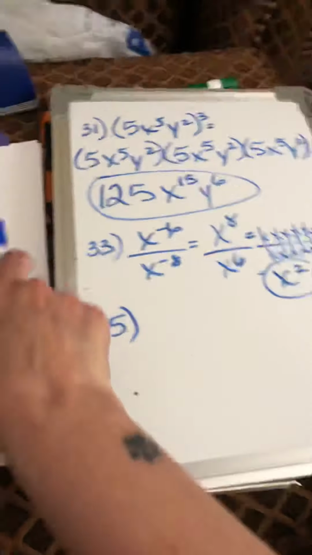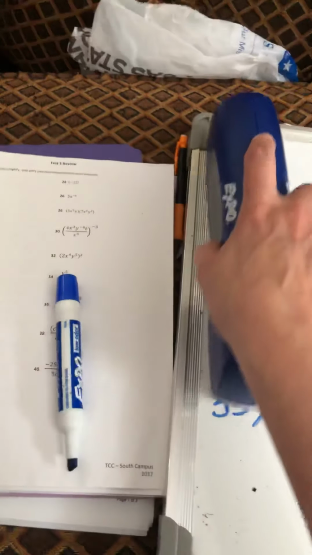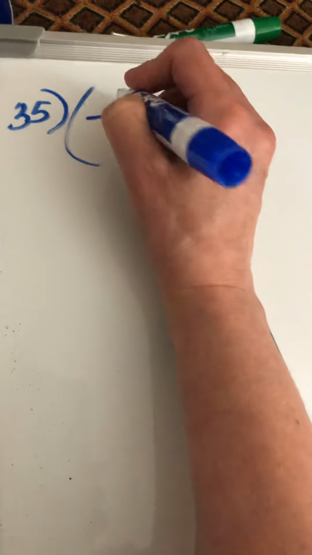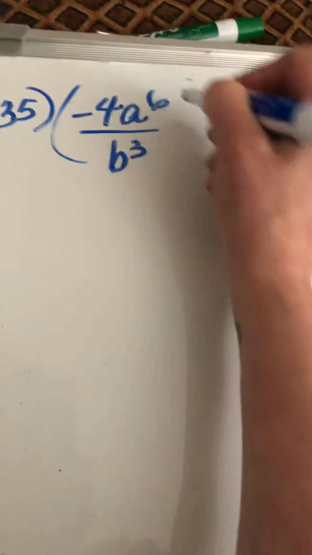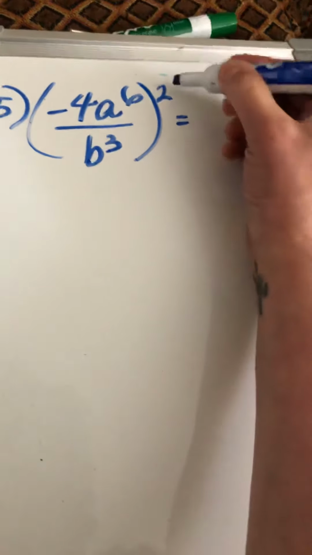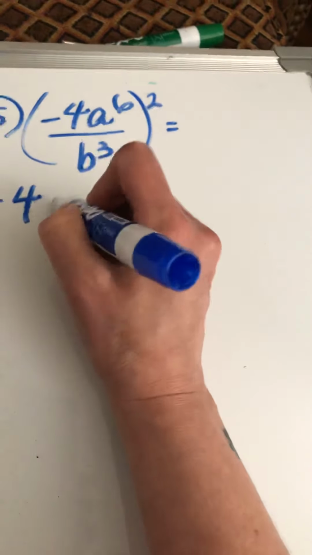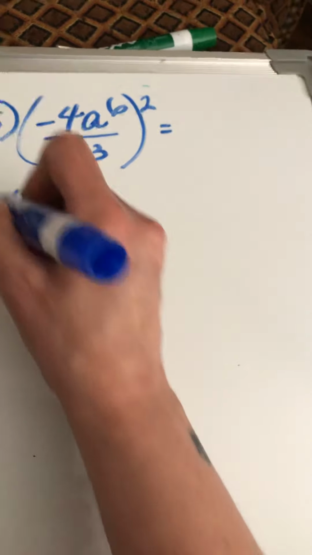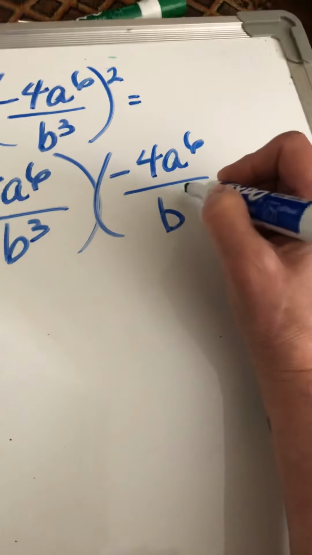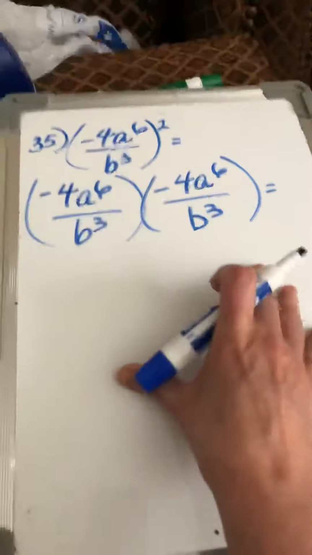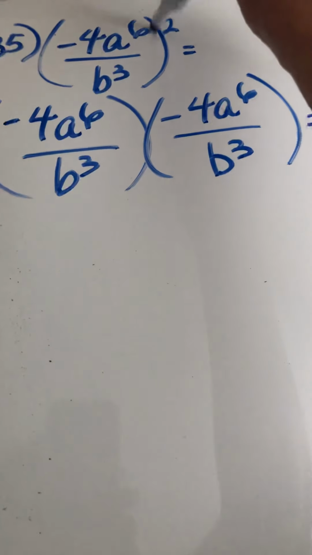I'm going to need some space for 35. Okay. Alrighty, let's start here. That means this times itself. Now, if you stretch it out that way, see, look, once we start to do this, then stretch it out.